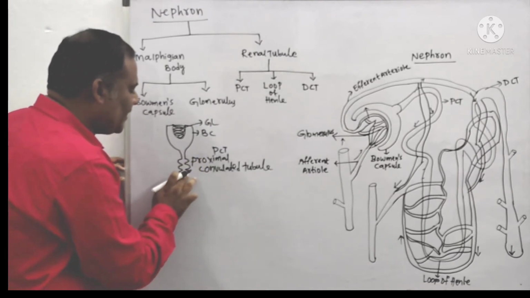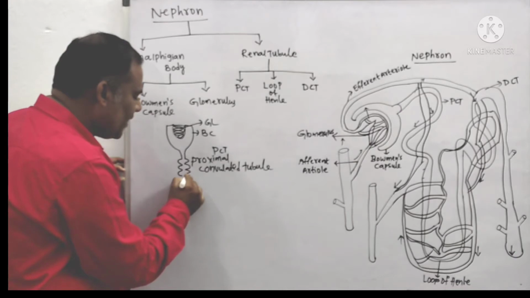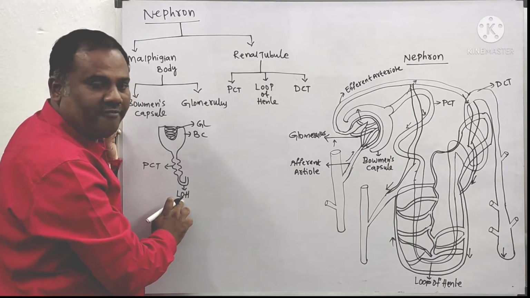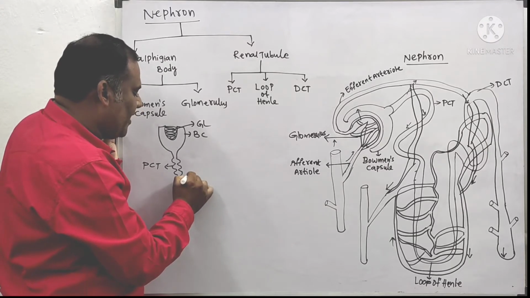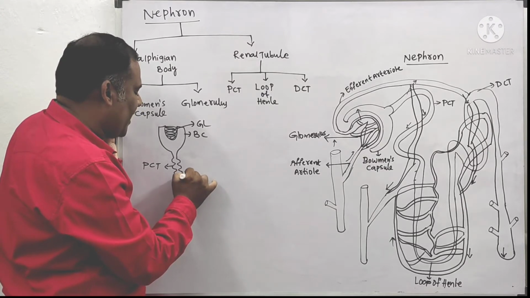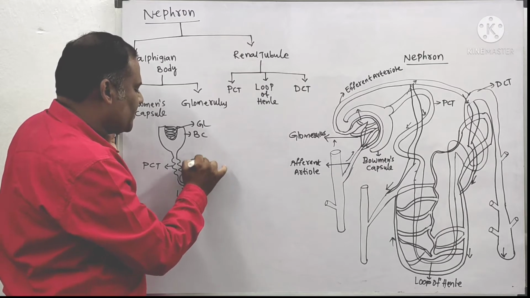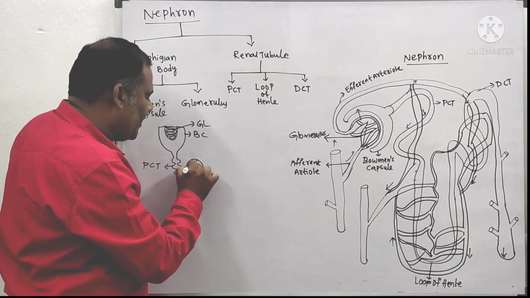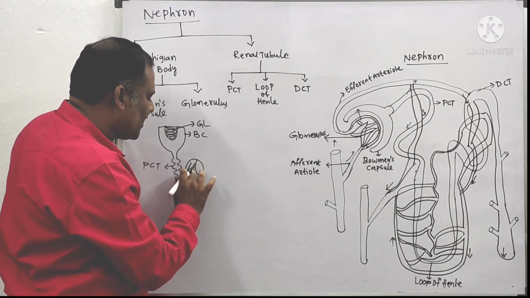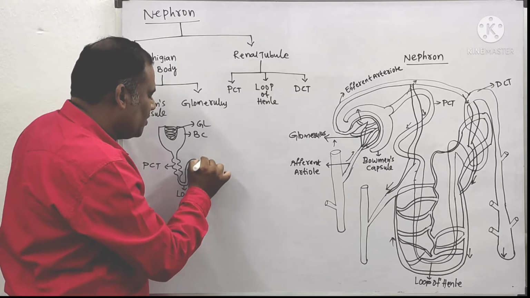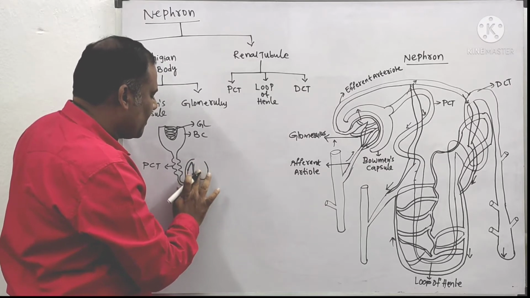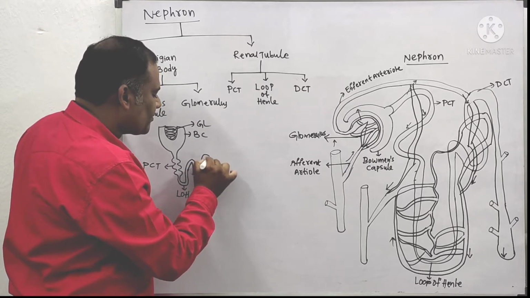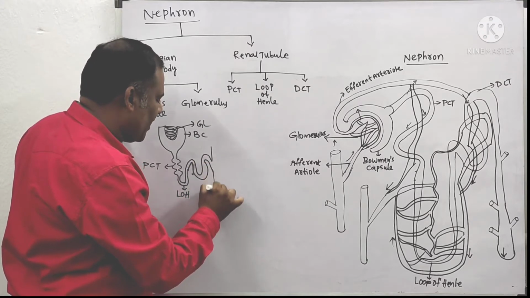As it is convoluted, that side is called the proximal convoluted tubule. This tubule gets convoluted, and then forms a U-shaped structure called the loop of Henle. Above the loop of Henle, again we have a convoluted structure, meaning a curved structure, not a straight one.